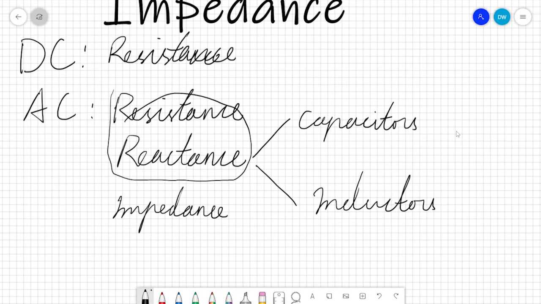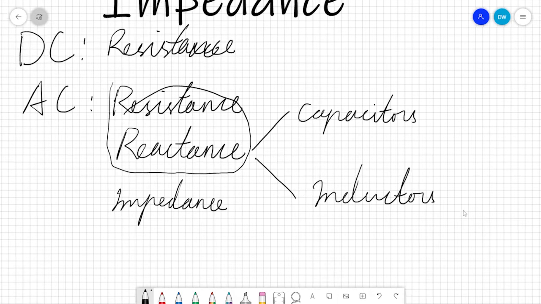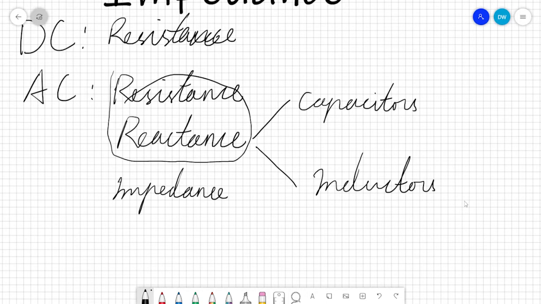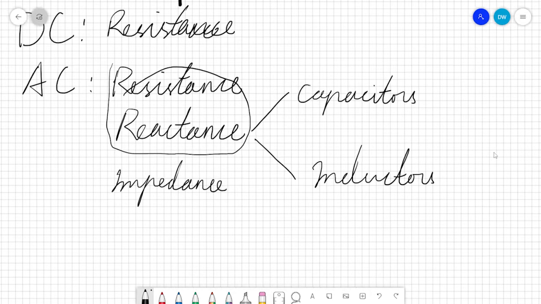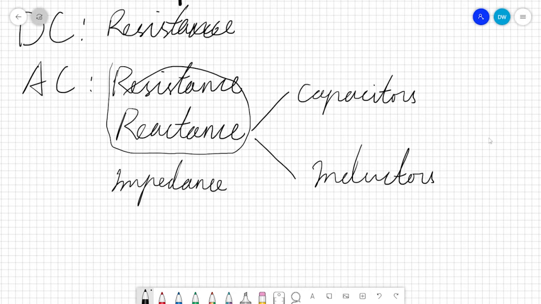Of course, even though I'm using the names capacitors and inductors referring to devices here, most electrical components, even wires, will have certain capacitive and inductive properties. But today we're just going to simplify them into capacitors and inductors. What happens is, as current flows through capacitors and inductors, they will produce electric fields in capacitors and magnetic fields in inductors.